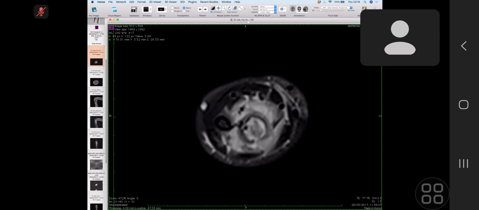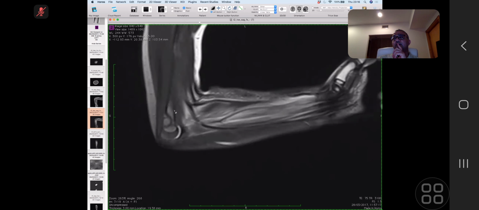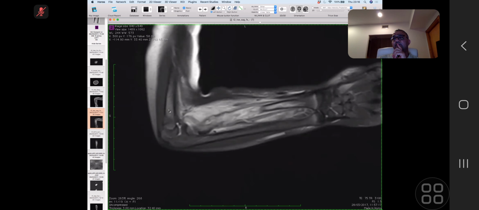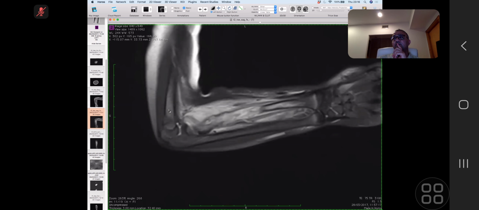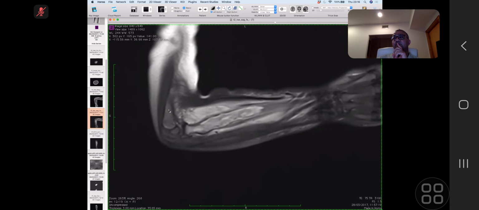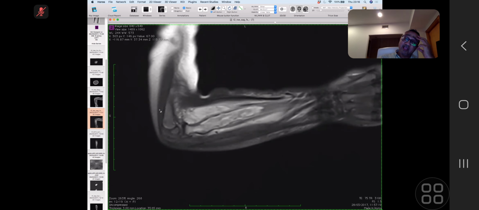Okay, I'm going to show you one long axis view. Then you're going to improve upon your differential. You've given 4, and I want you to narrow it down to 2 if you can. What do you see there? Just describe your findings, please.